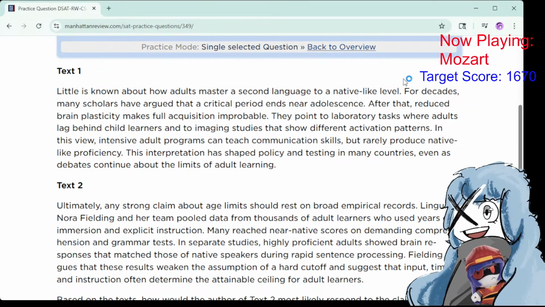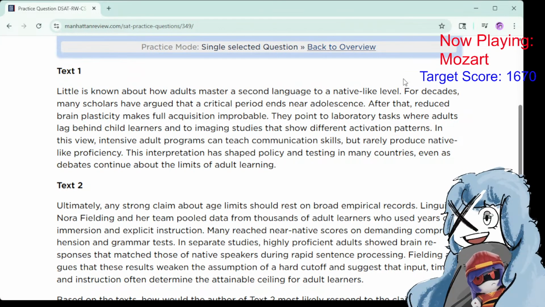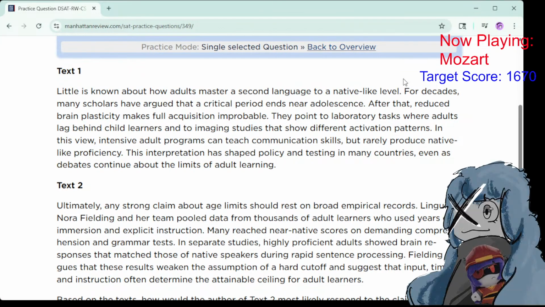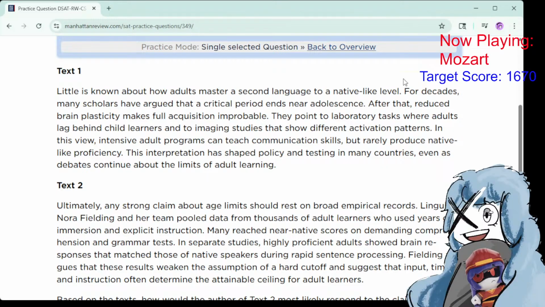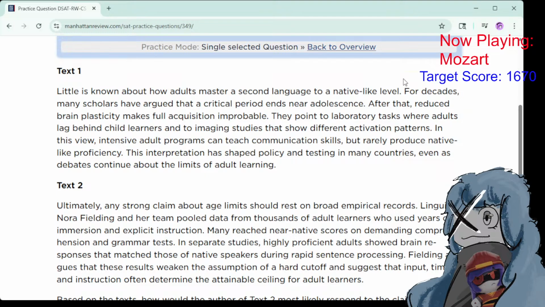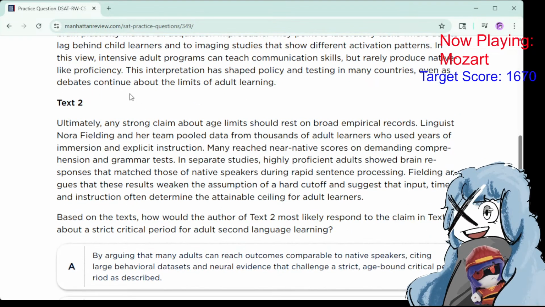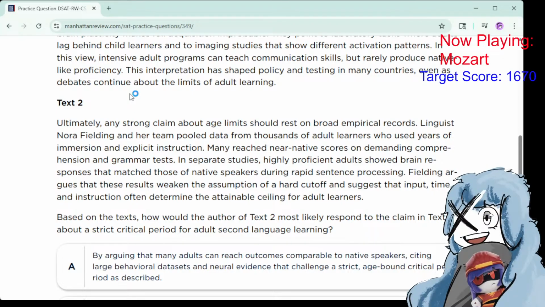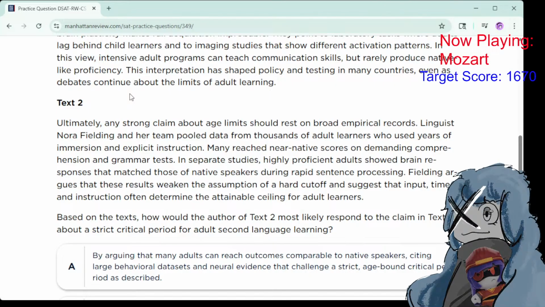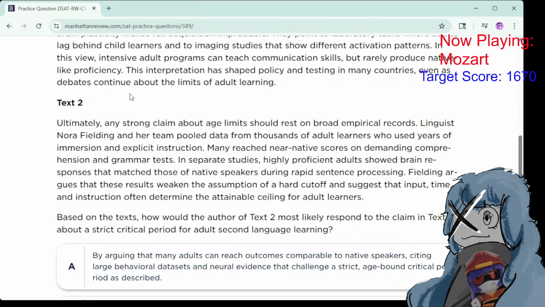So text 1 is saying adults find it much more difficult to learn new things such as languages, and it's practically improbable they will ever be proficient at it. Yeah, so if anyone wants to learn a new language, better start now, or else when you're 20, you'll be old and dinosaur fossilized.